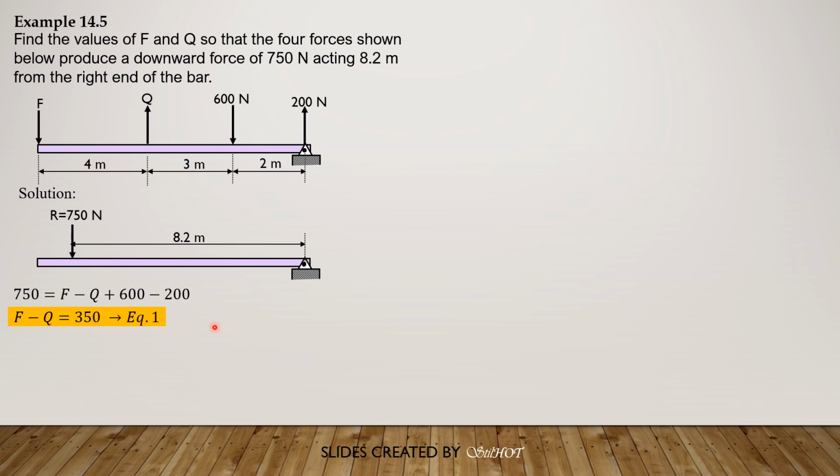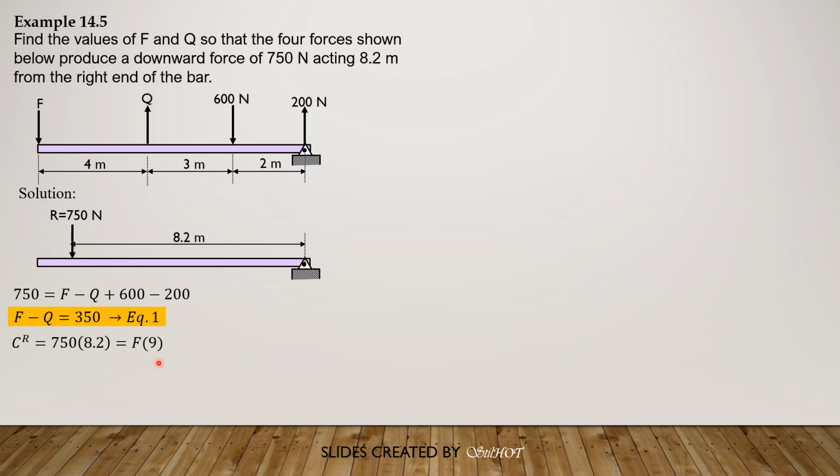Call that equation 1. For the second equation, we sum up moments about the right end and we consider counterclockwise as positive. And we equate the moment to 750 times 8.2. So C sub R is 750 times 8.2 counterclockwise.